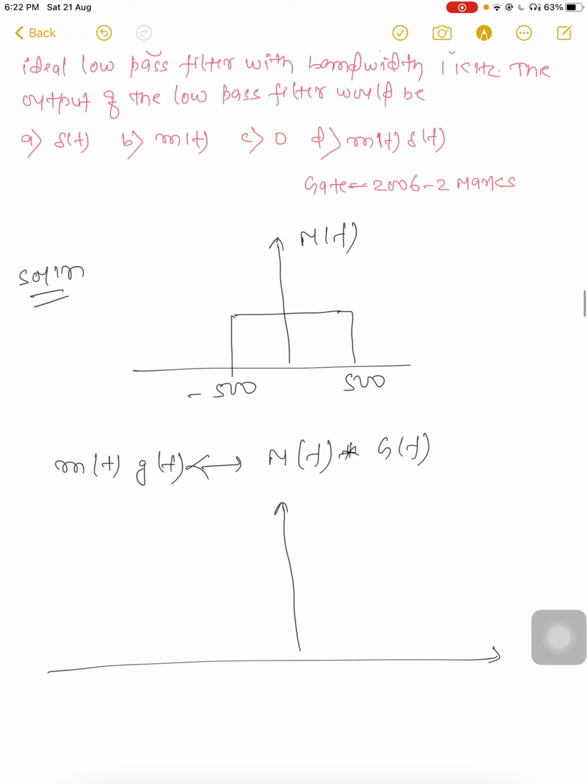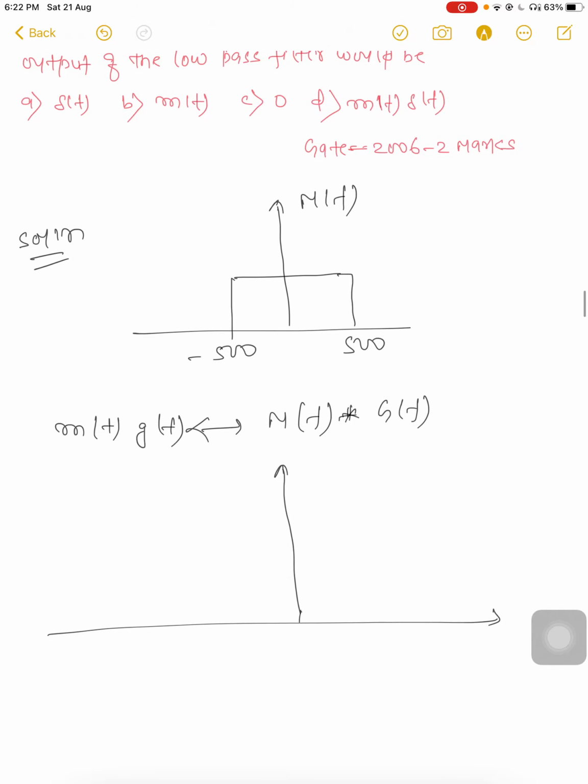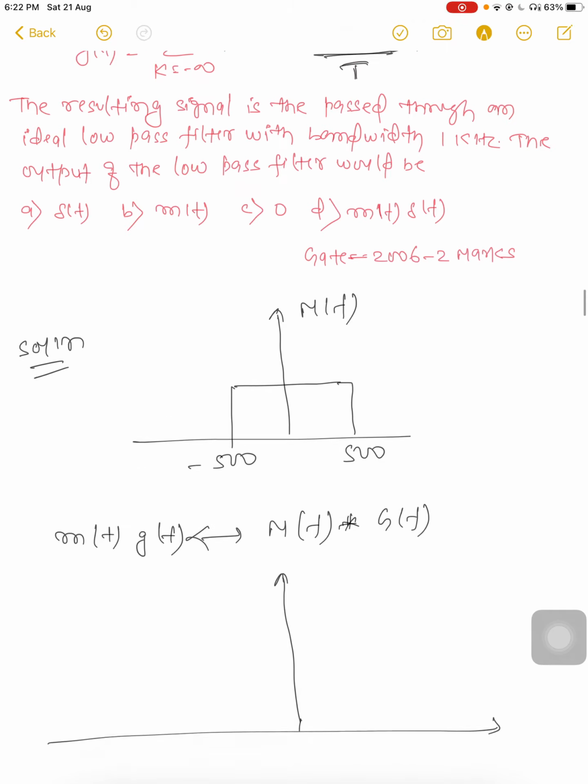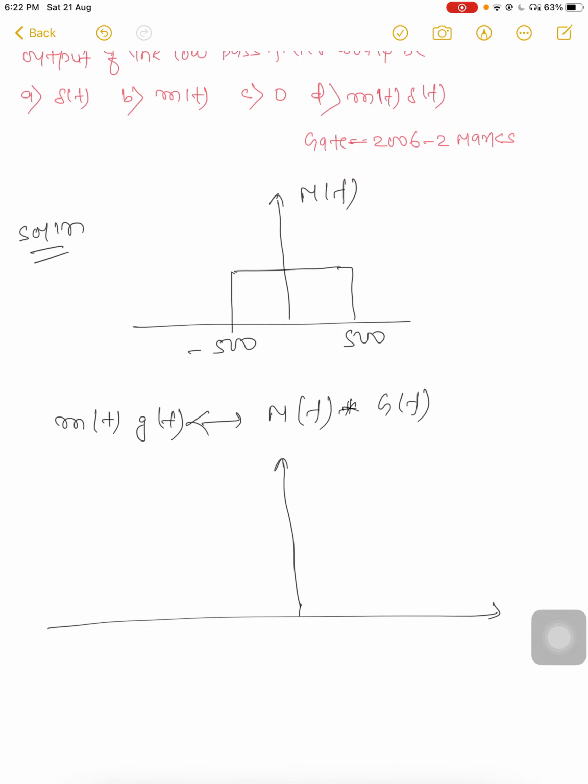And what is G(f)? Let us see here. Capital T is given, and then the frequency will be 1 upon T equals f, which is 1 over 0.5 into 10 to the power minus 4, so you will get 20 kilohertz.